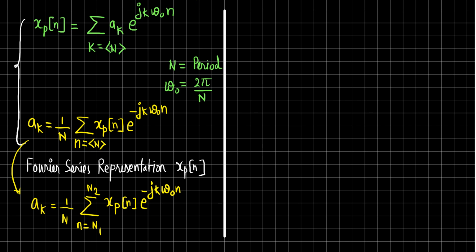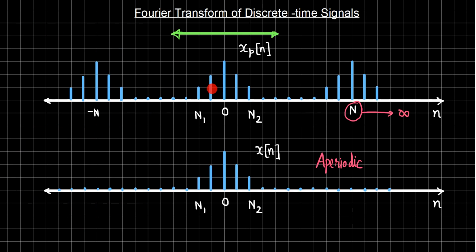Now if you observe this equation here, you may see that we just have to take into consideration x_p of n over a period. And if we look at the signal over a period, the signal is exactly equal to this signal over a period.